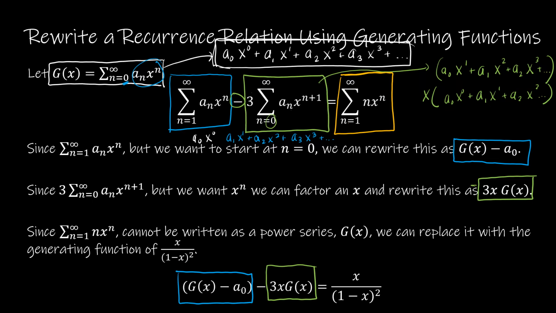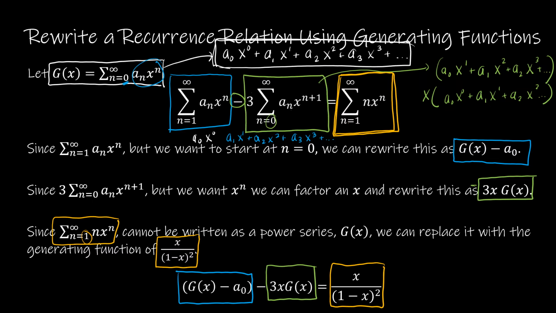So this specific example we actually went through in video 8.4.2, where we differentiated each side in order to come up with the summation starting at 1 would be x over 1 minus x quantity squared. So notice that's what I'm replacing in the function.